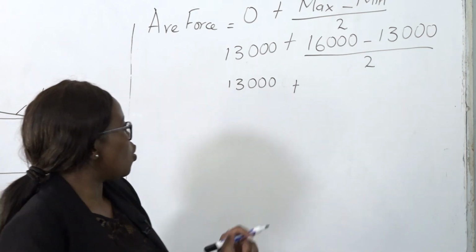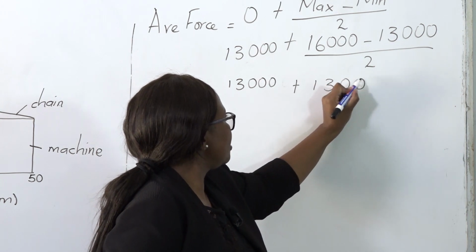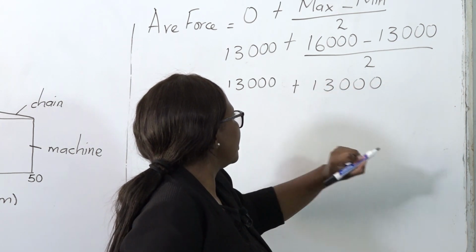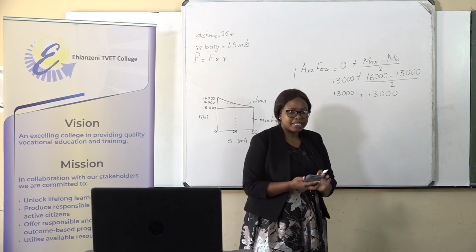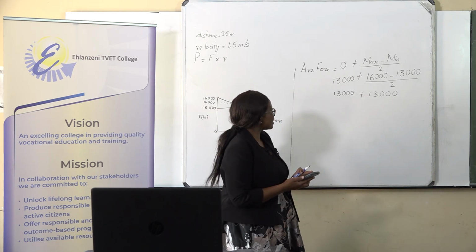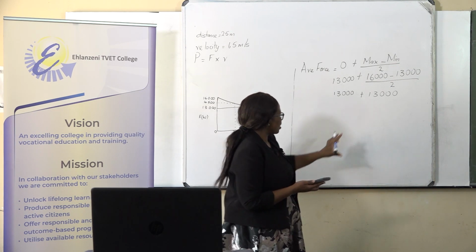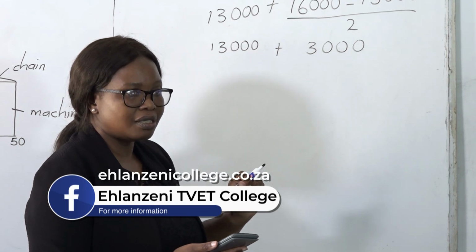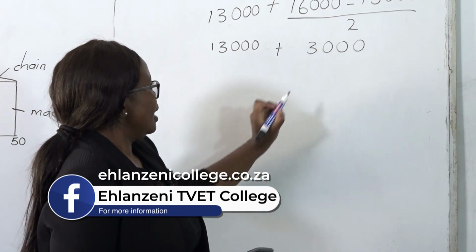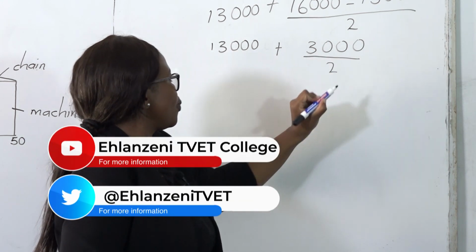Let's punch it. Then, when we are here now, what are we saying? We are saying that 16,000 minus 13,000, we get 3,000. Yes, 3,000, right? 3,000 divided by 2.